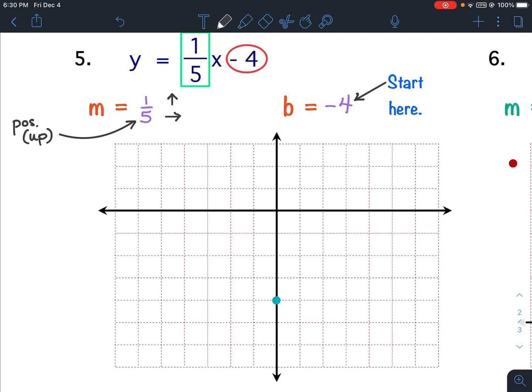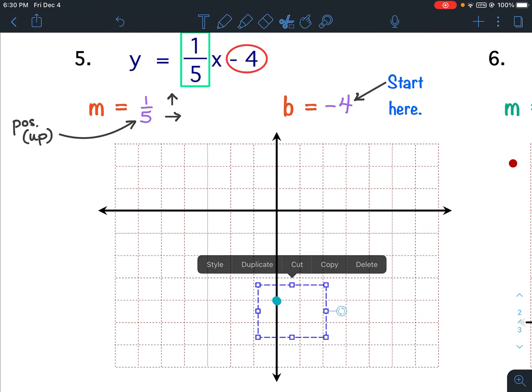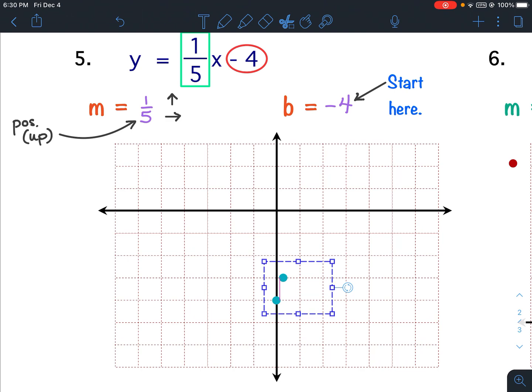So up 1, to the right 5. 1, 2, 3, 4, 5. All right, I could go up another 1, but I can't go to the right 5 more anymore. So that's my last point going up and to the right.